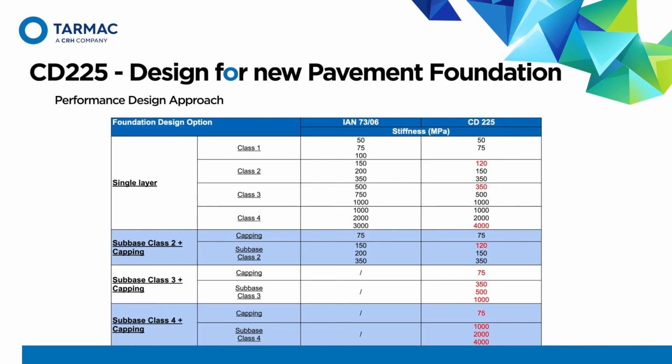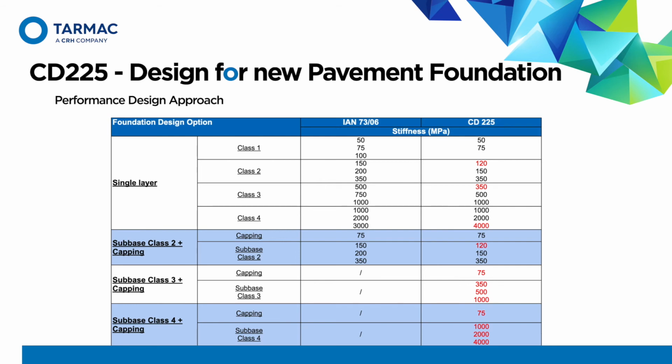The new update includes changes in the values of the surface modulus. For class 2 in the single layer category, it is reduced from 150 to 120, and for class 3 for single layer, reduced from 500 to 350, and for class 4 there has been an addition of 4000 MPa surface modulus material.